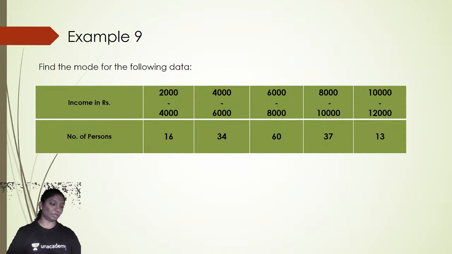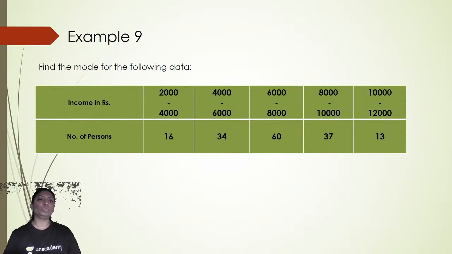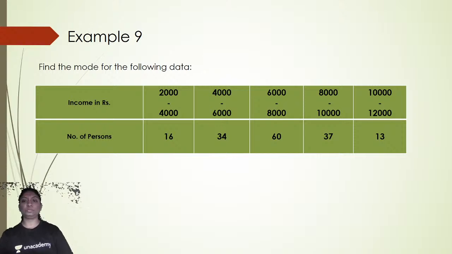Let's see example number 9. Find the mode of the following data. See, income in rupees: 2000 to 4000, 4000 to 6000, 6000 to 8000, 8000 to 10,000, 10,000 to 12,000.